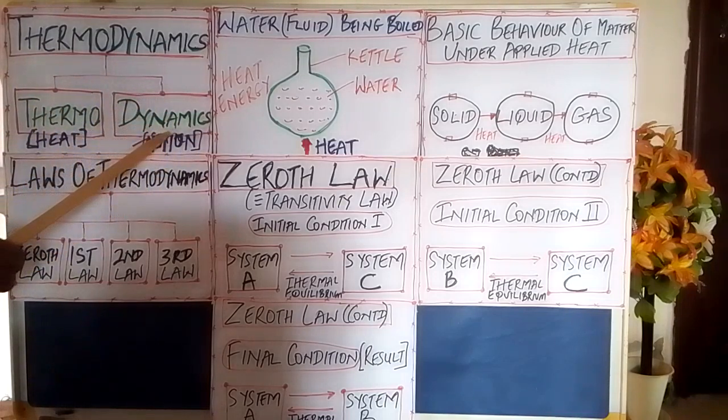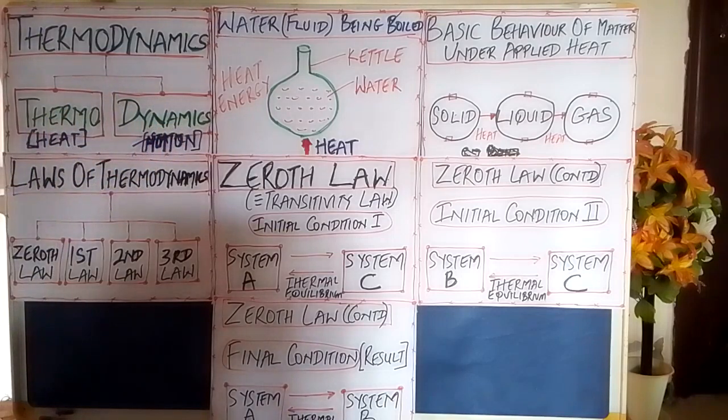So here we are talking about the motion of heat processes. When you heat a substance, an object, there is a certain kind of motion, and that motion can be described using thermodynamics.